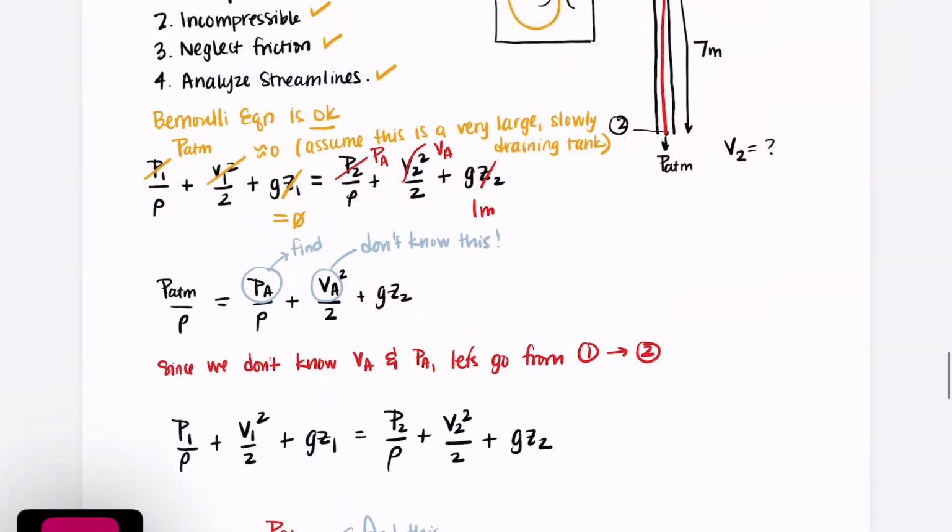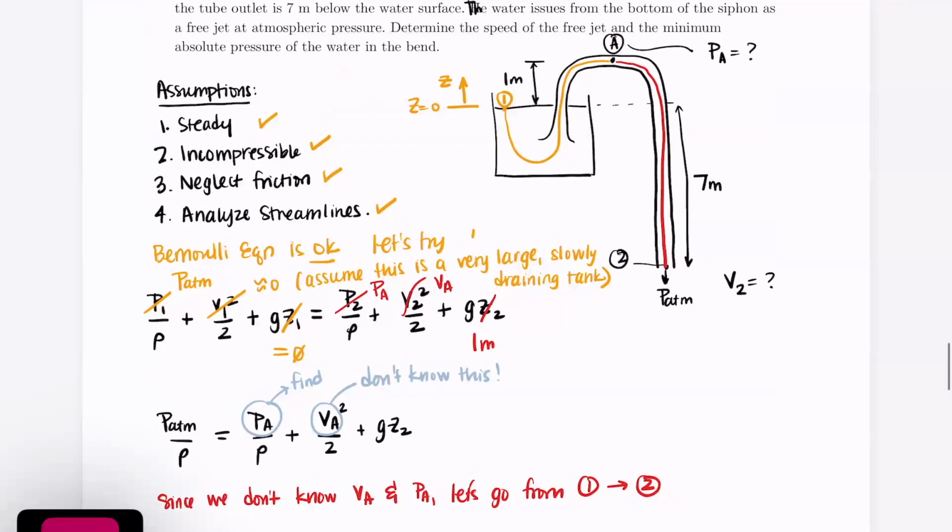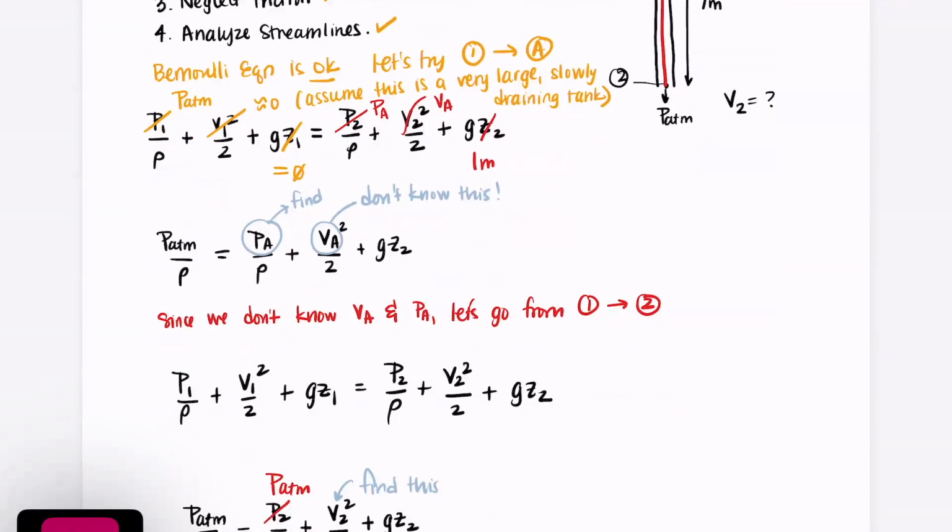This first time that we did it, we said, let's try going from point 1 to point A. At the top, the first time we did this, we went from 1 to A, and we found that we have 2 unknowns in that equation, so at least it's not super useful to us at the moment. So we said, okay, that's no good. Let's go from point 1 to point 2.